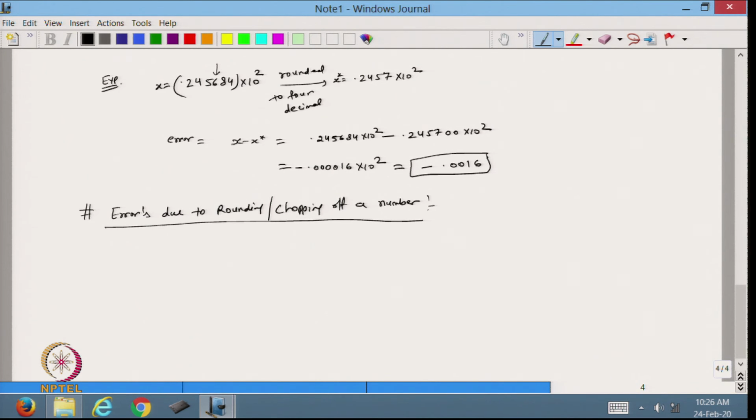So, how much error can we find when we round off a number or chop a number? Suppose we have a number represented by x, which is rounded to 4 decimals.